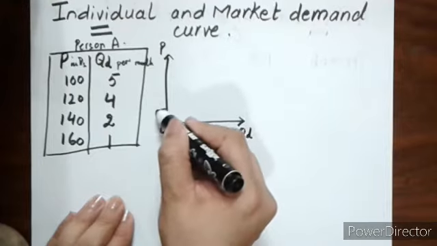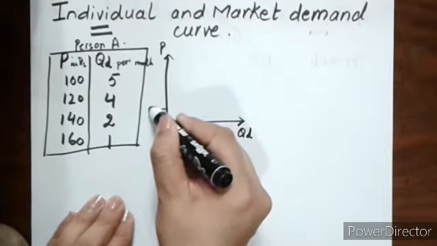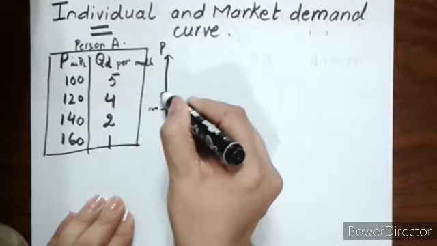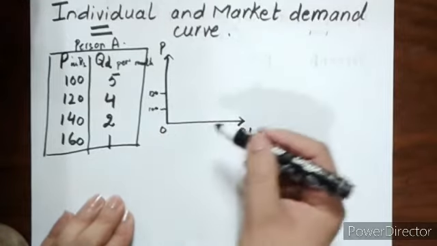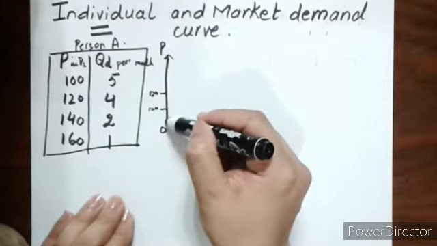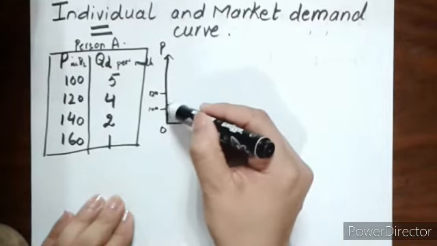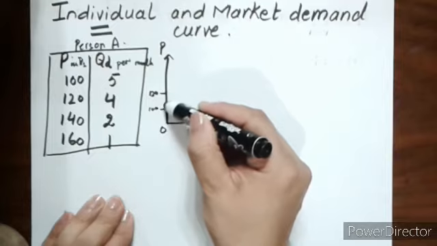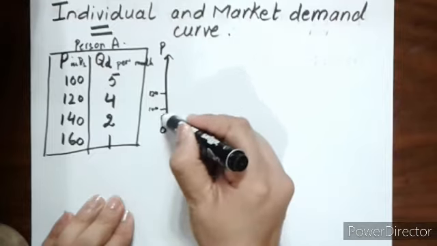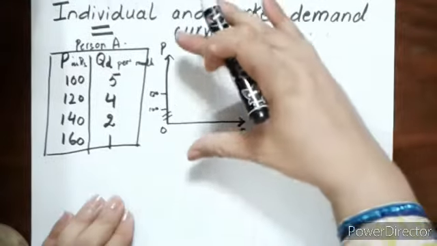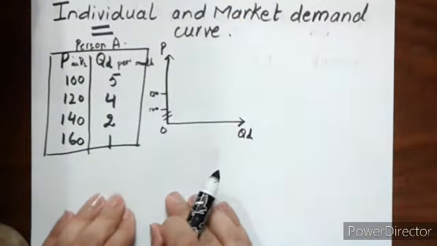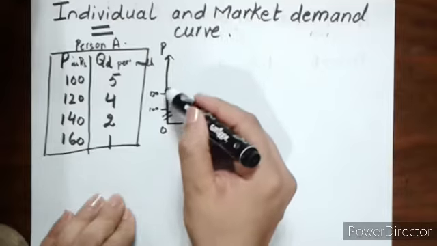If I mark this point as 100 and this one as 120, I am committing some error. This error is that this area shows 100 units and then again a similar area shows 20 units. It becomes technically wrong. So what I can do is I can just draw these two lines to show that we have compressed all the unwanted values over here, and then we can simply proceed.